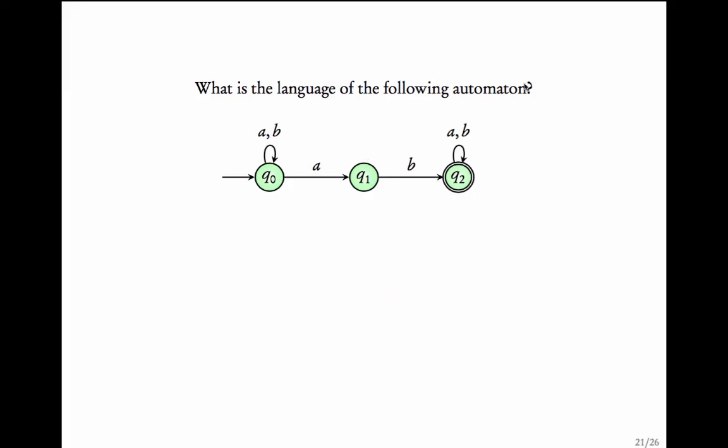Now, what is the language of the following automaton? It has 3 states. You can keep looping here. Note that this is non-deterministic because at Q0 on an A, you can choose to stay here or you can go here. Once you are here, you have to read a B and then go to an accepting state and read whatever you want.